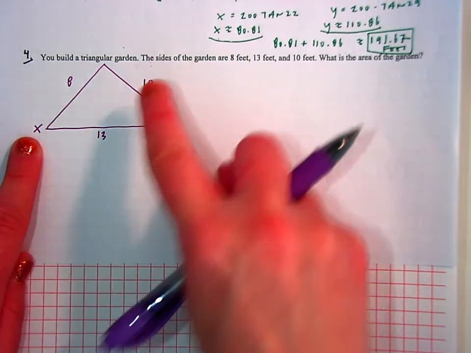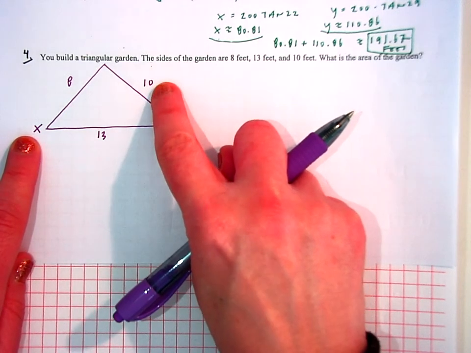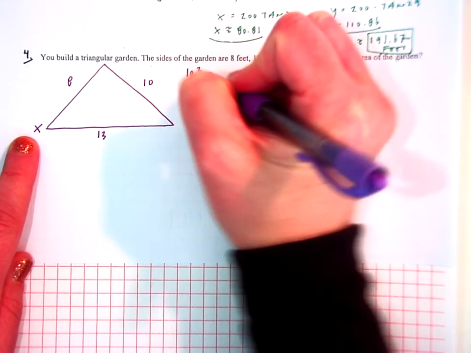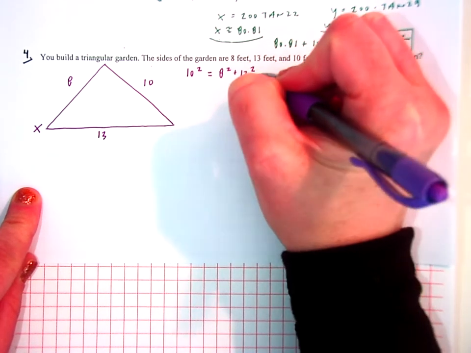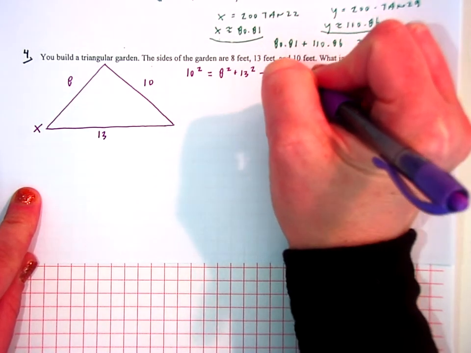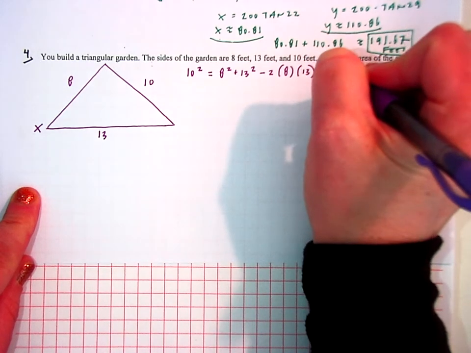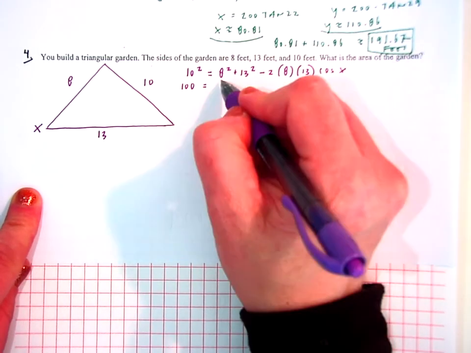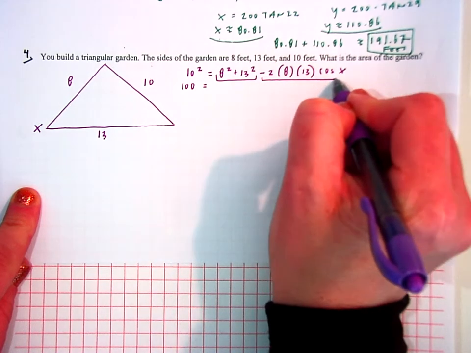So I'm looking at my side opposite that marked angle, and I see, okay, that's the 10. So I have 10 squared is equal to 8 squared plus 13 squared minus 2 times 8 times 13 times cosine x. So I have 100 here is equal to, remember that I can combine these terms here.